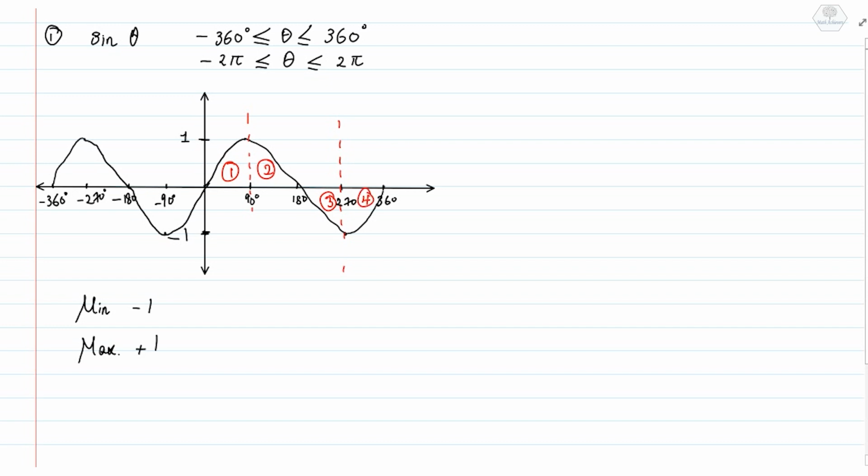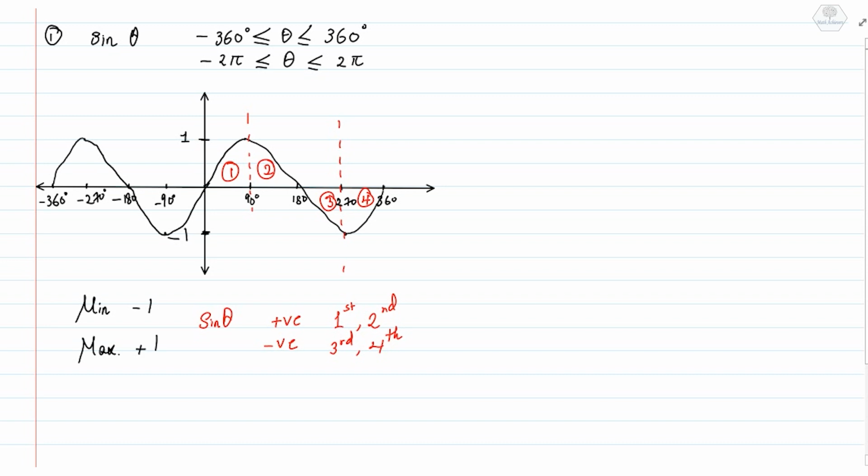We can see that sine theta is positive in the first and the second quadrant, and negative in the third and the fourth quadrant, this is for positive theta.